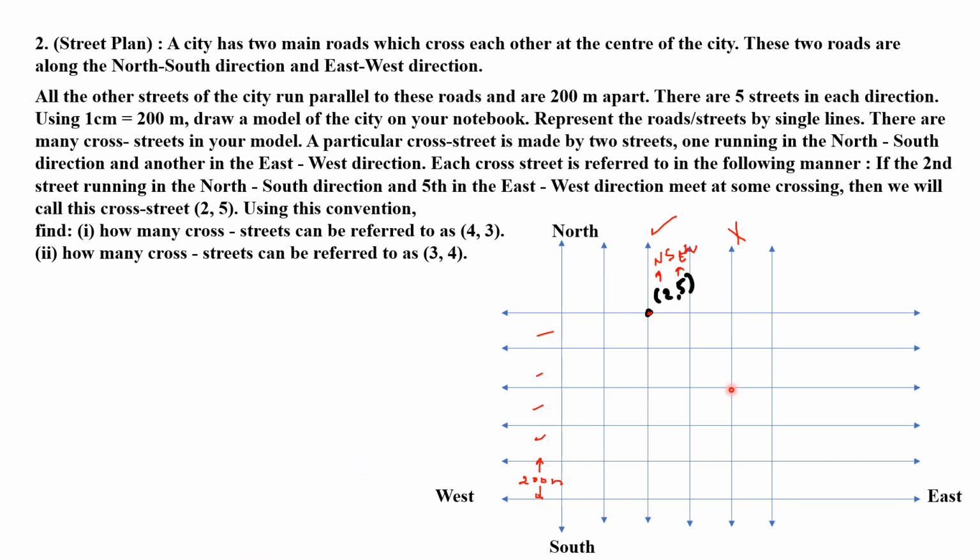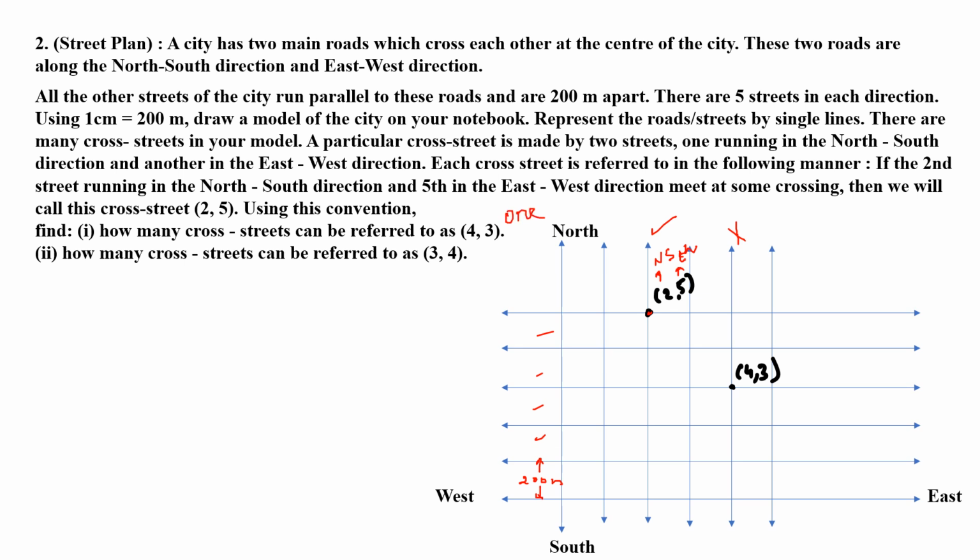So you can see they are crossing over here. So this point is your 4, 3. Now how many cross streets are crossing over here? It is unique, right? In a coordinate system, every point has a unique location. So from here only one cross street is there. So here it is 1.